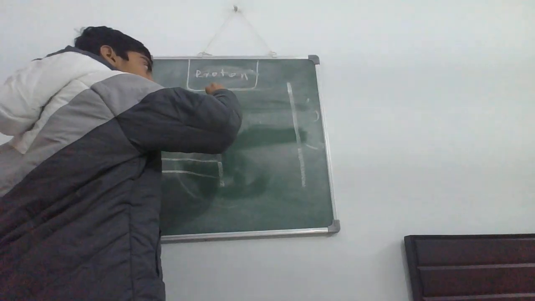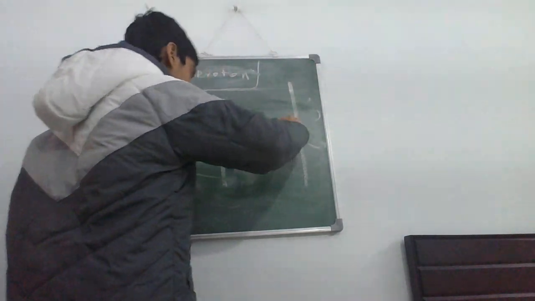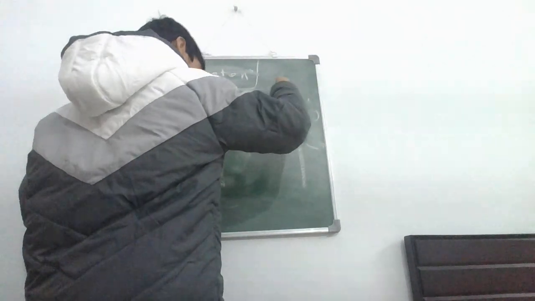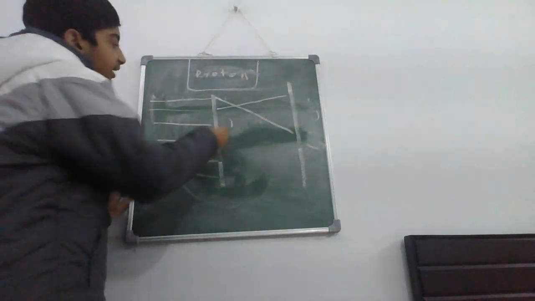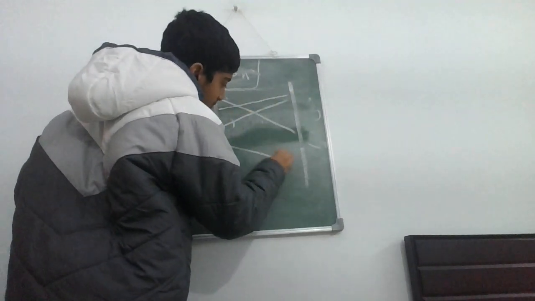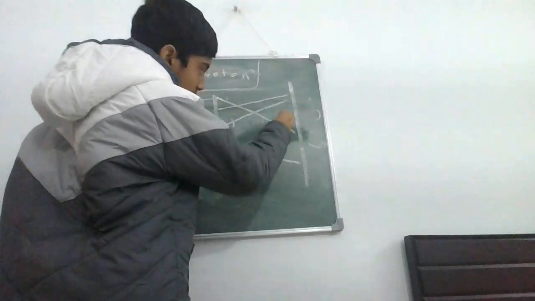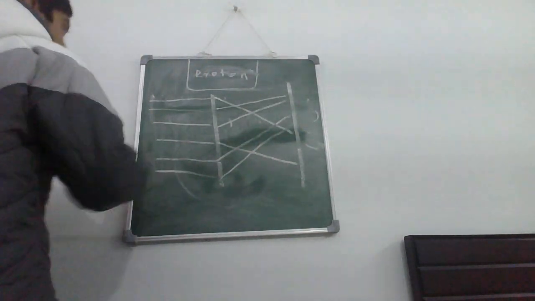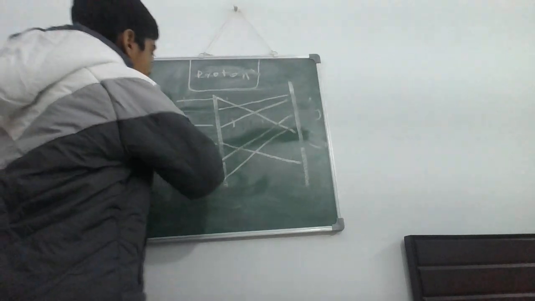But when Rutherford saw that the helium nuclei or alpha rays were deflected, he thought, how is that possible? Then here is the correct explanation of how it is possible.